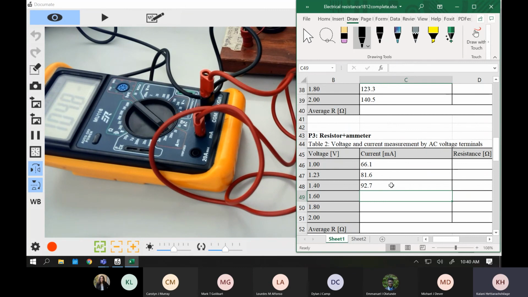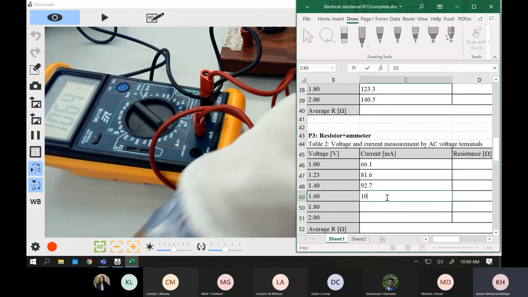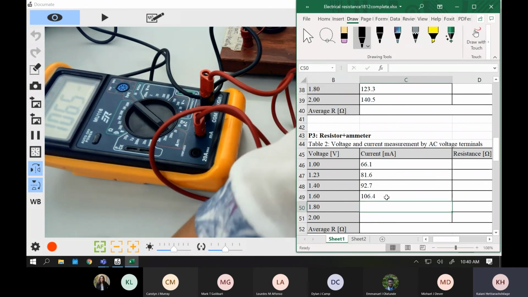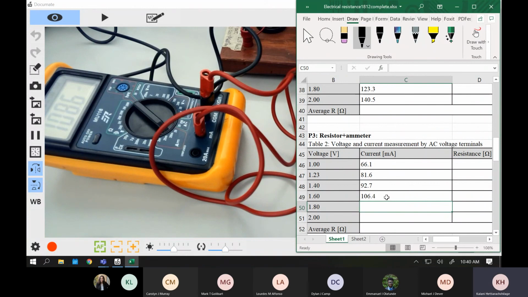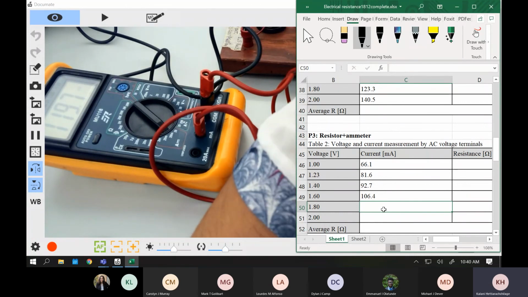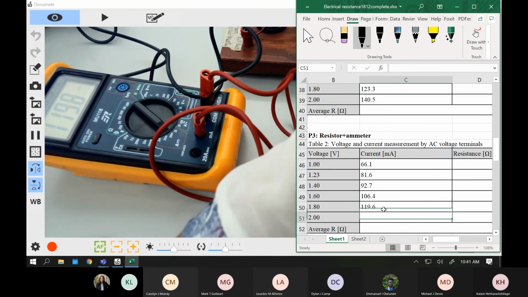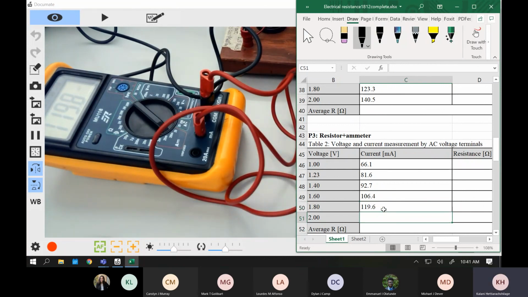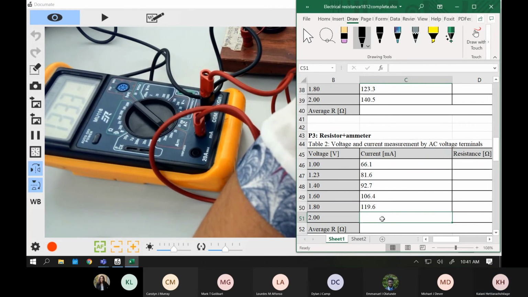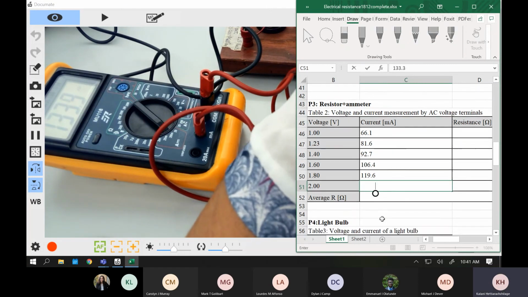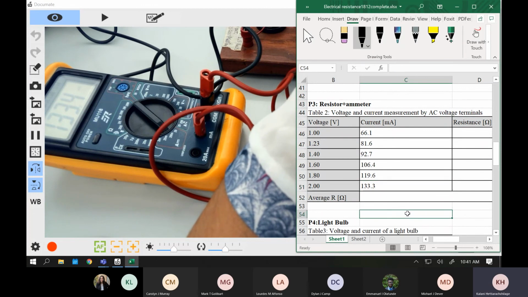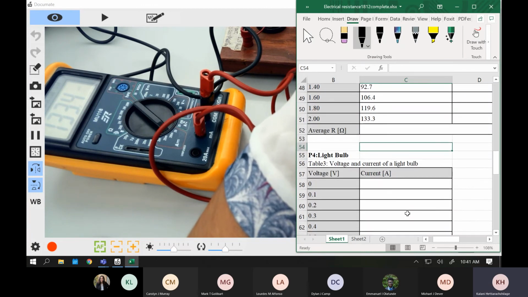And then 1.6. 106.4. And then 1.8. 119.6. And 2 is the last one. 2 is 133.3. Again, you need to find the average and plot that graph. Okay. And does anybody have any questions so far?